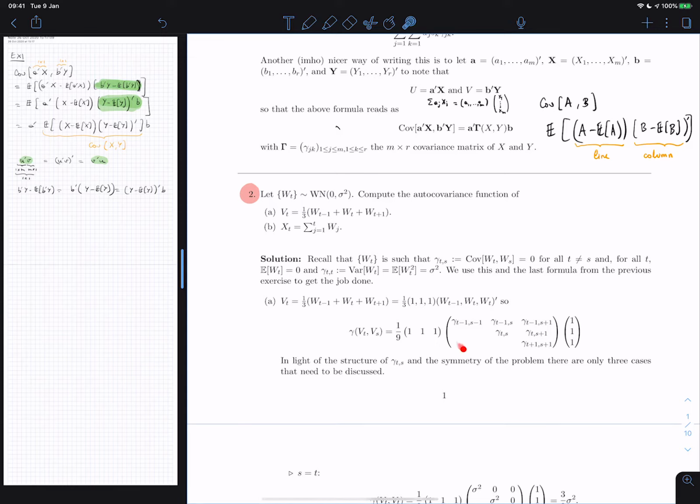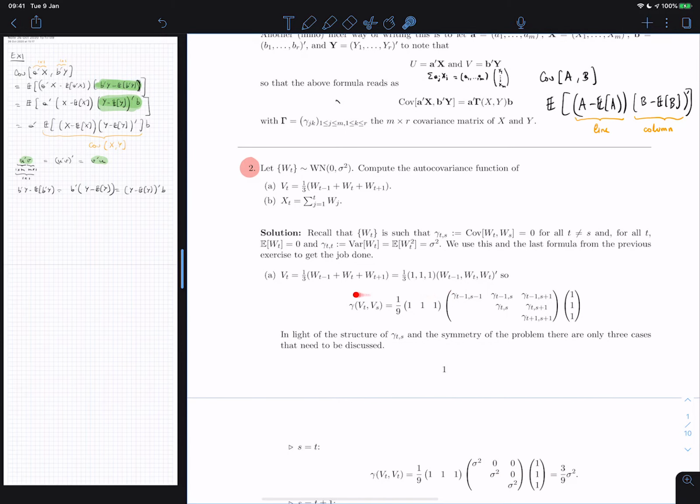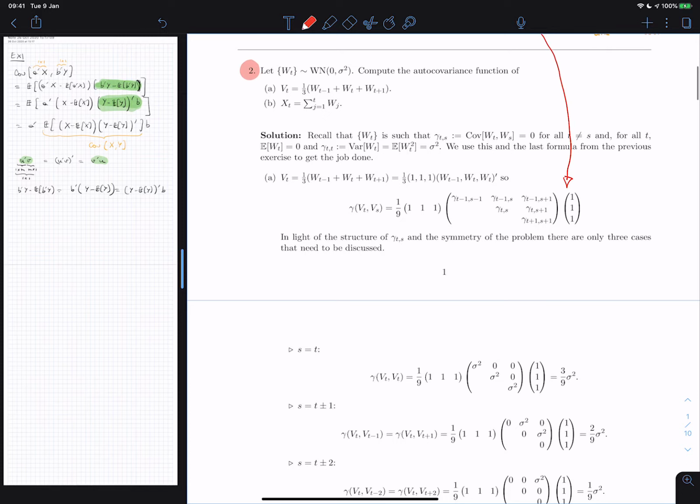So it's all these covariances multiplied by the weights, but this time in a column, and the weights are constant, and I have the 1 over 9. So is this first line okay? This is just an application of this formula here. Okay, and now we have to work out what goes in here.